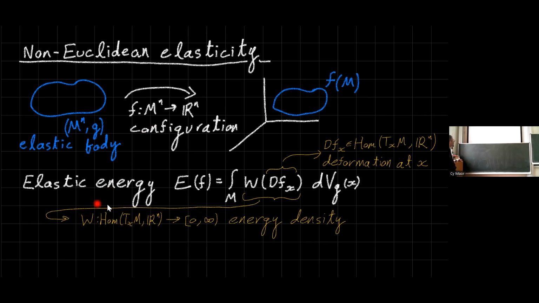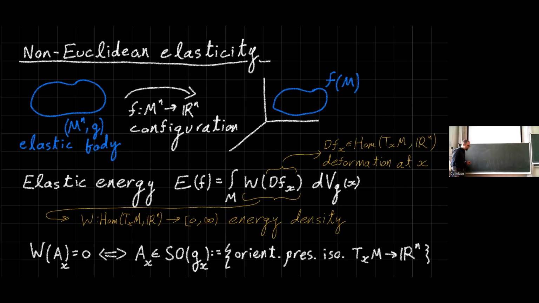So it's a function from these linear maps to [0, ∞). And again, the assumption is that you have zero energy at the point if and only if the map is orientation preserving and is an isometry.